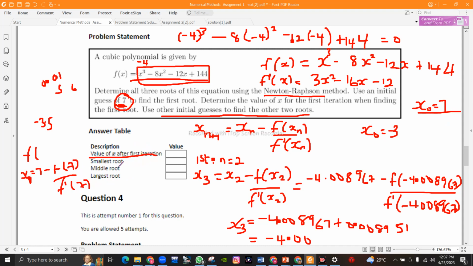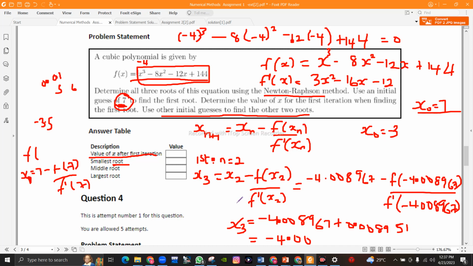Now the smallest root is minus 4.00 that we got, minus 4.000016. That's the smallest value. Then the middle root, that first root we got, is 6.001.